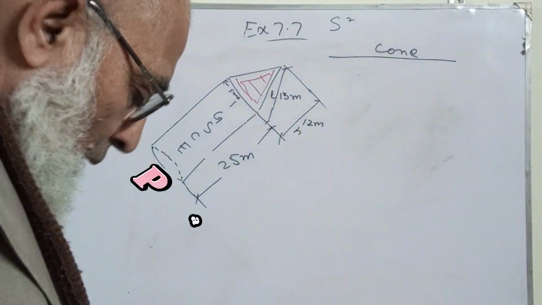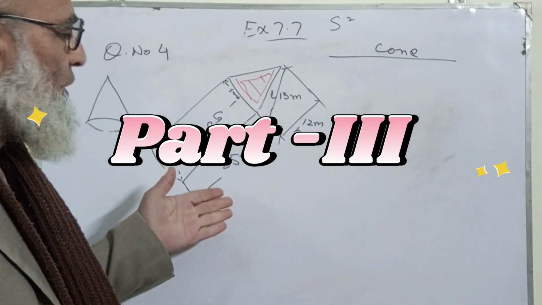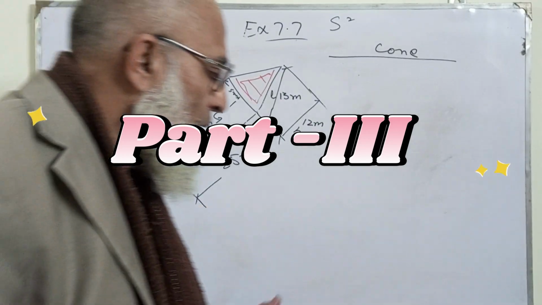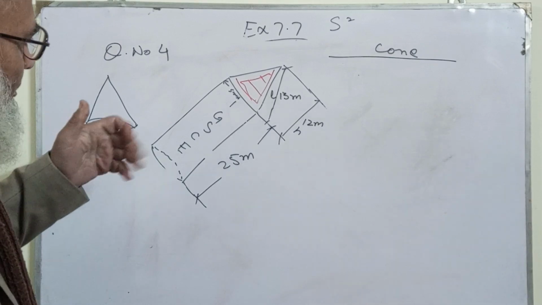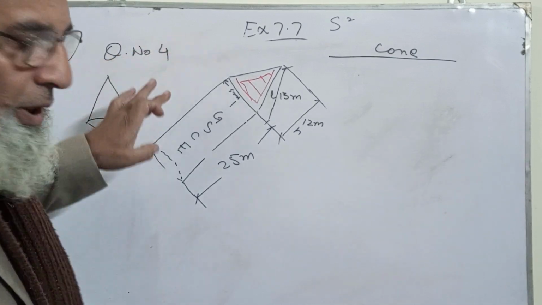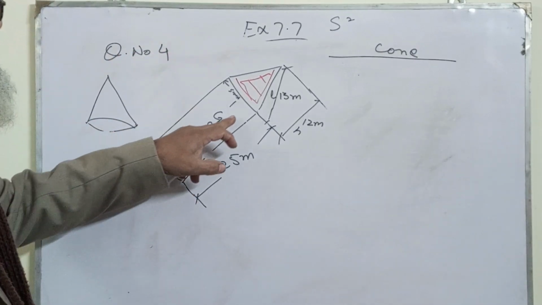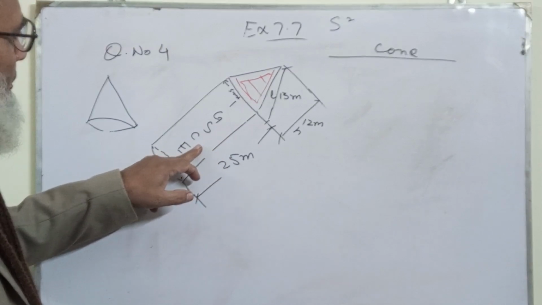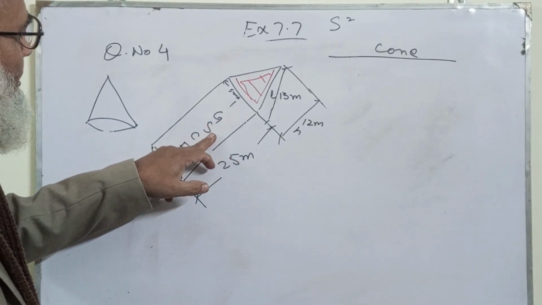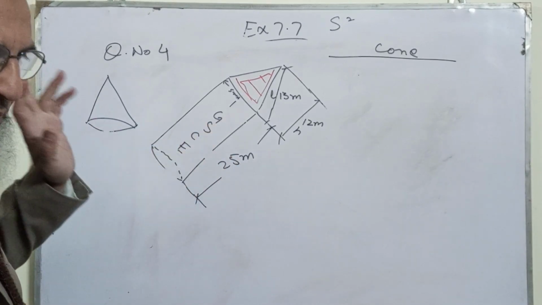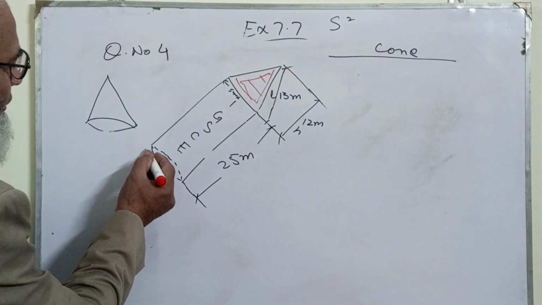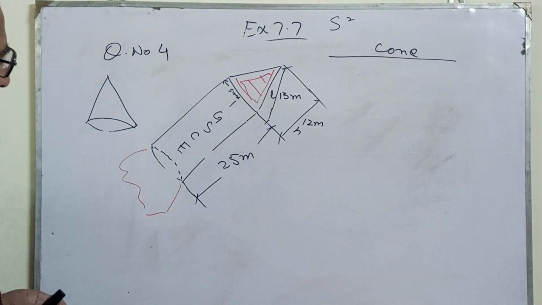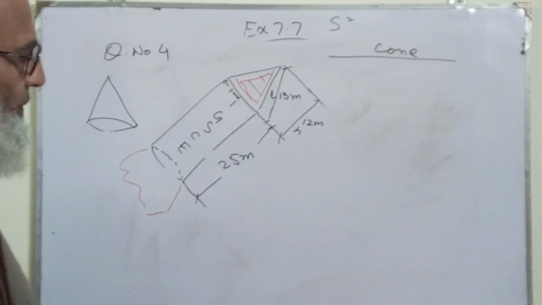Now this question number 4 is coming. There is a rocket given to you which is going to take the IGCSE examination. There's also fire coming out of here, but just neglect the fire.